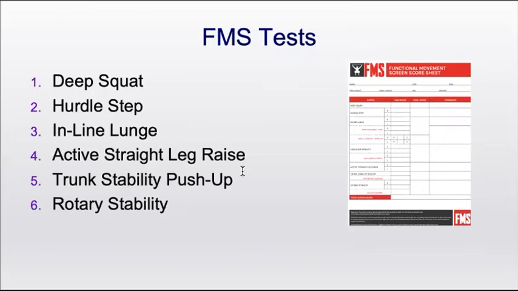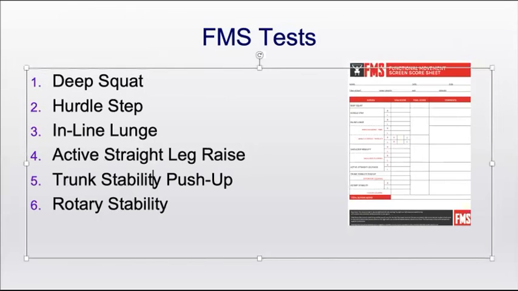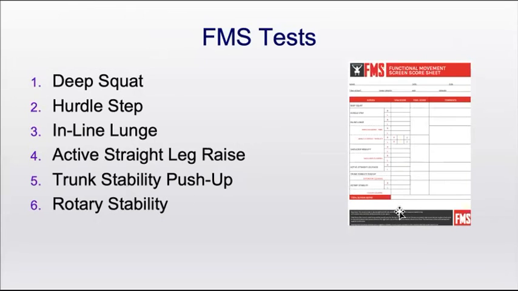Now let's get into the meat and potatoes of the FMS. So these are the tests that we're looking at. You've got the deep squat, the hurdle step, the inline lunge, active straight leg raise, trunk stability push-up, the rotary stability, and there's actually one more.